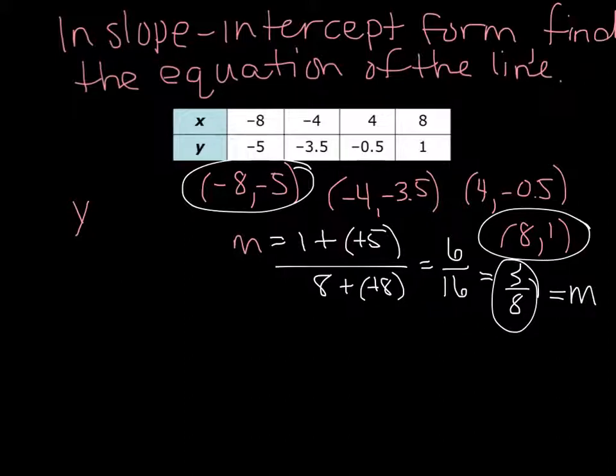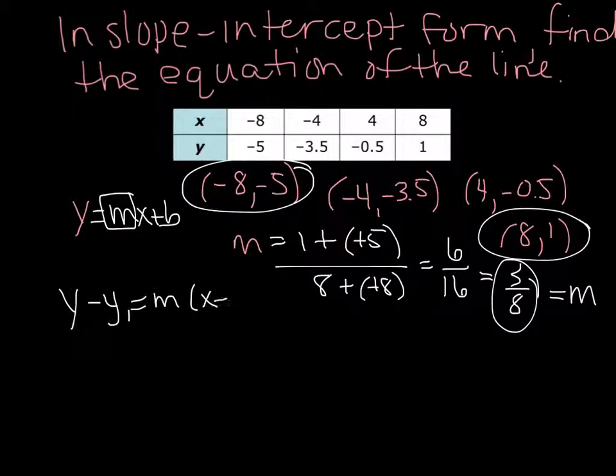So there's 2 ways to do this, really. I could use the slope-intercept form, and I have m, and I just have to find b, or I could use the point-slope form. And I'll show you both examples here, just so you can see both.